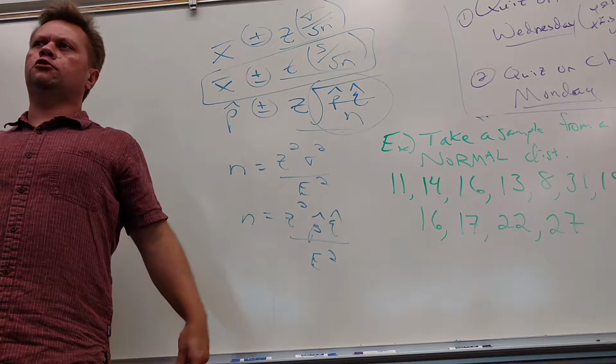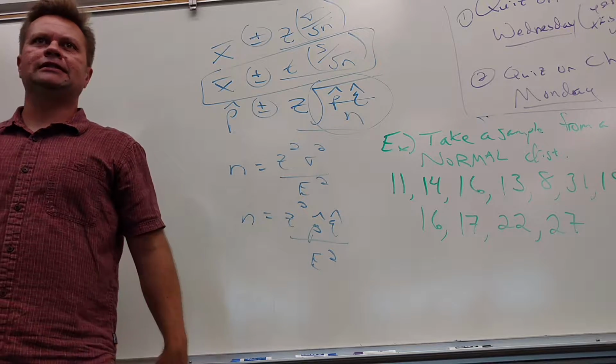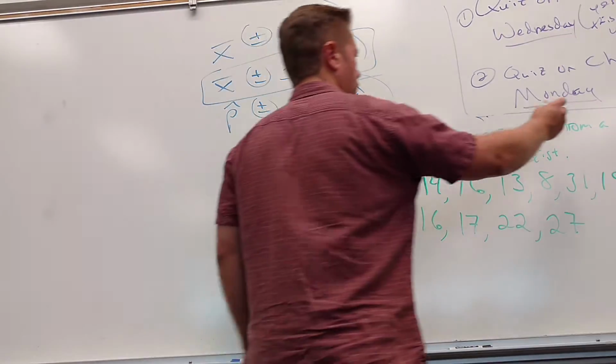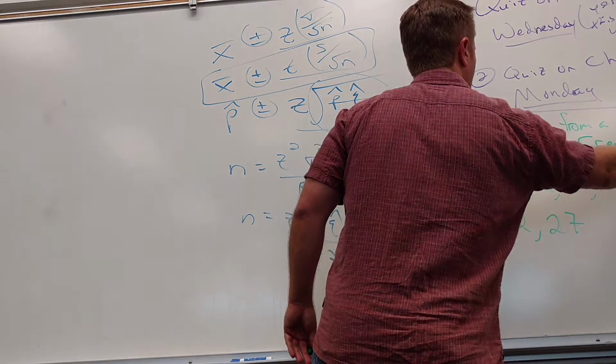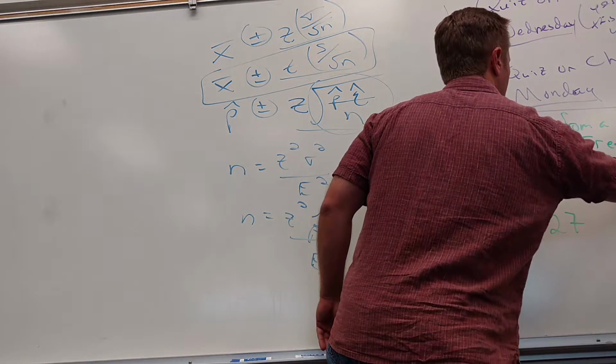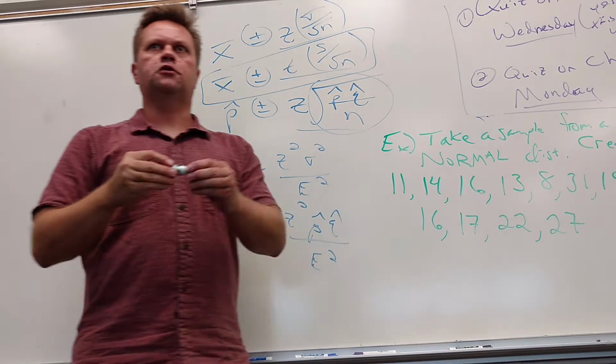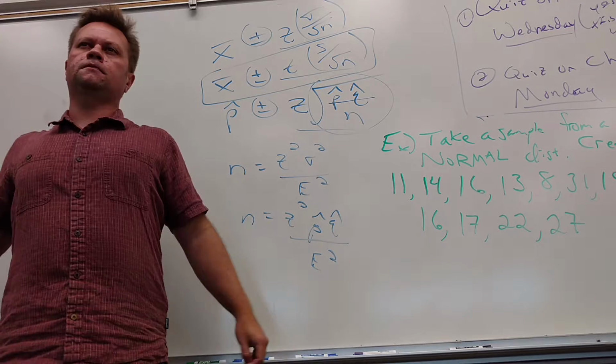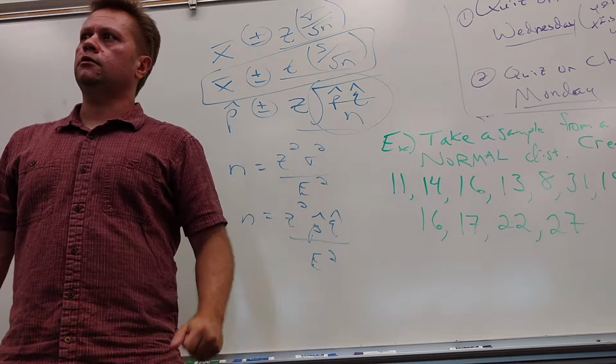I want you to create the 98% confidence interval for the real mean. Create a 98% confidence interval for the true mean of the population where this sample came from.